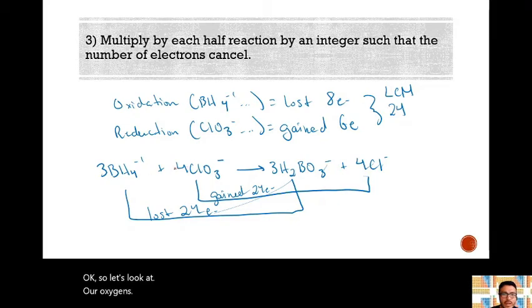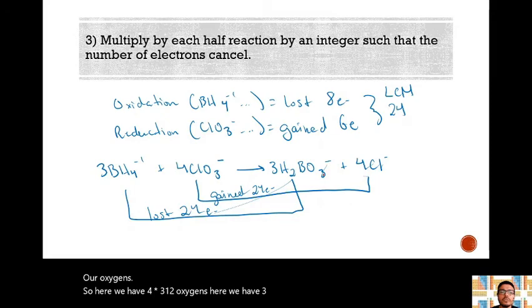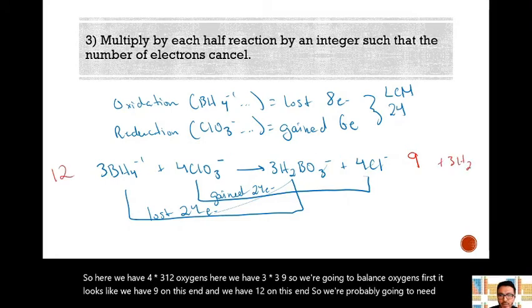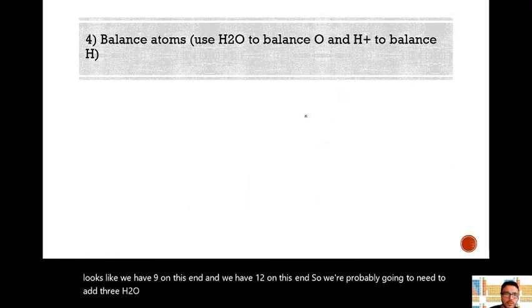Here we have 4 times 3, 12 oxygens. Here we have 3 times 3, 9. So we're going to balance oxygens first. It looks like we have 9 on this end and 12 on this end, so we're going to need to add 3 H2Os to the product side, and your reaction is going to look like this.